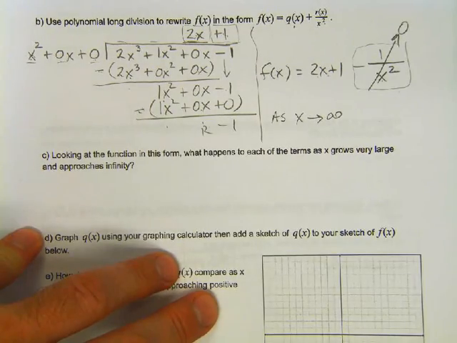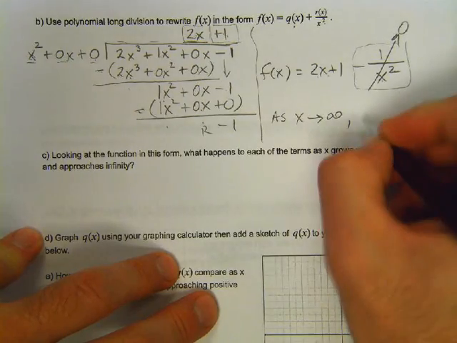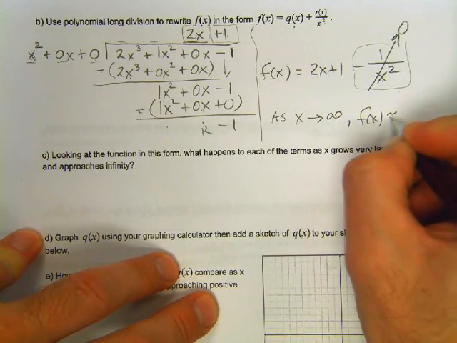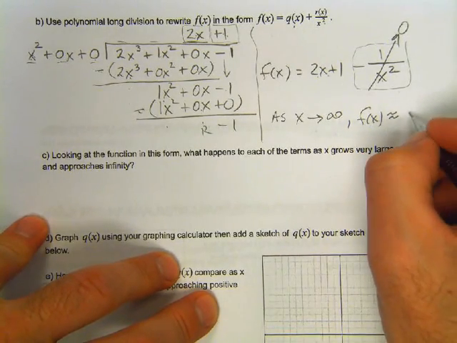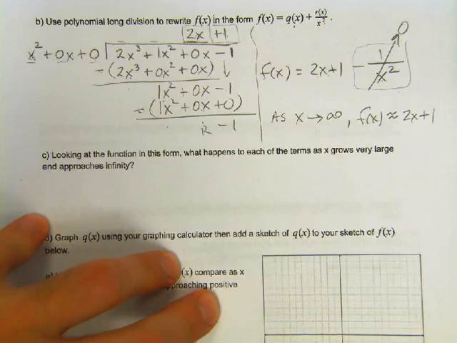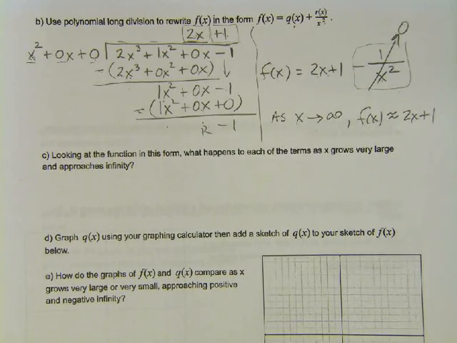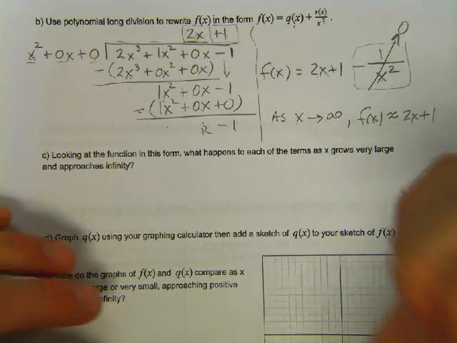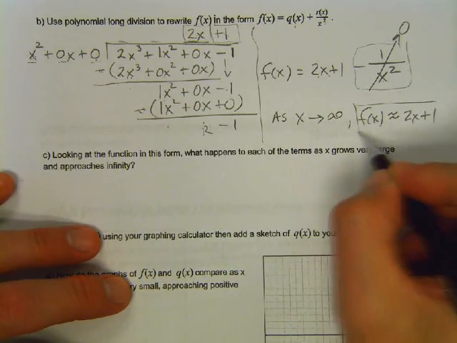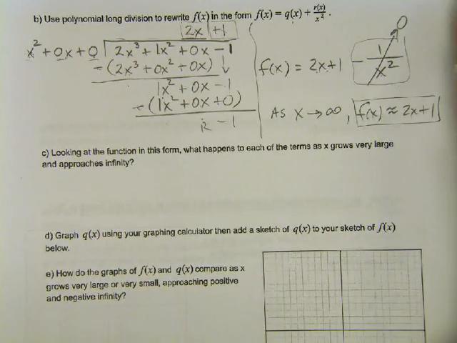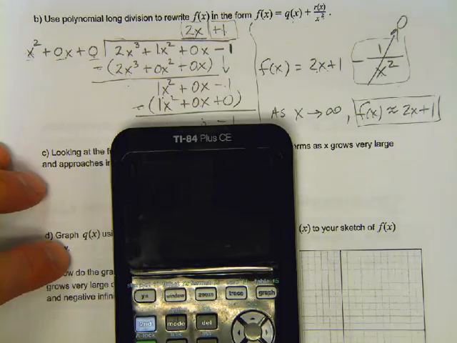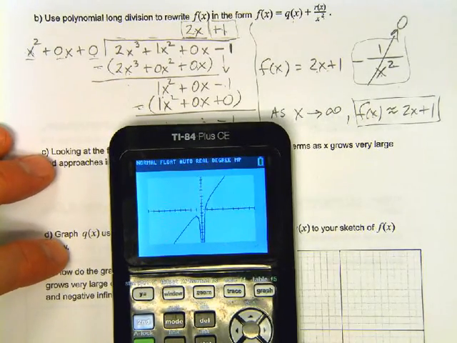It gets really small, and in fact, we might as well be equal to 0. And so f of x is approximately equal to 2x plus 1. And that is the oblique asymptote.